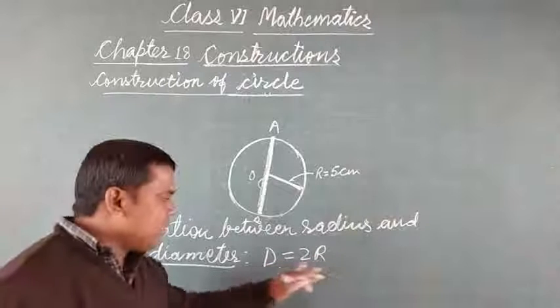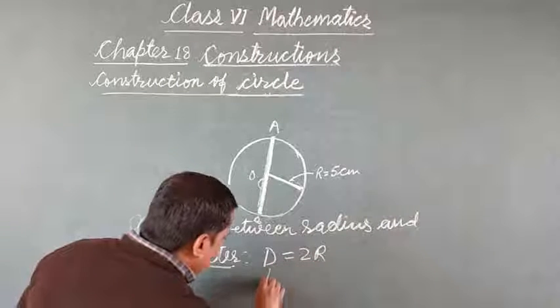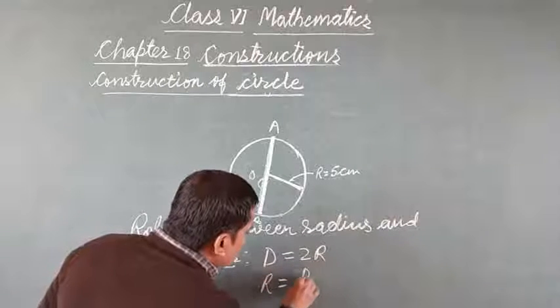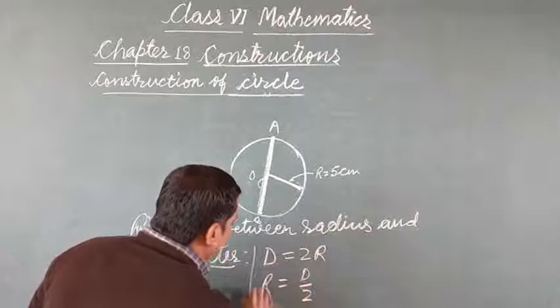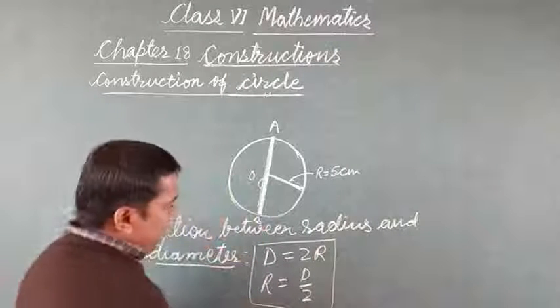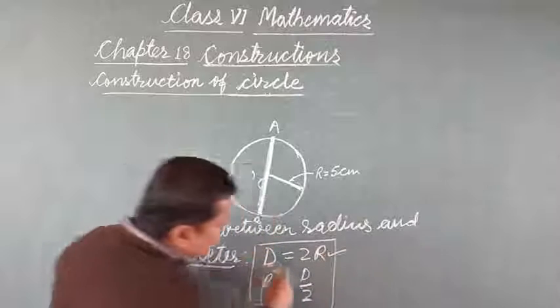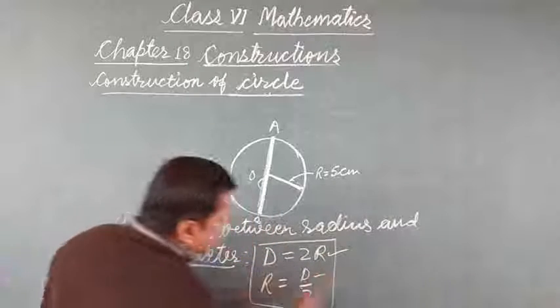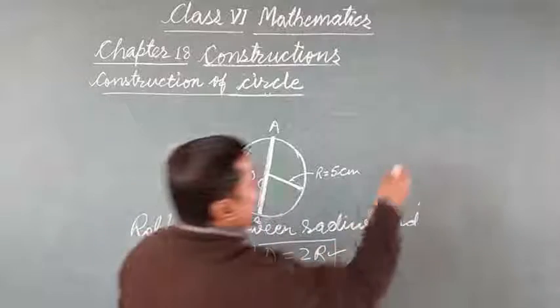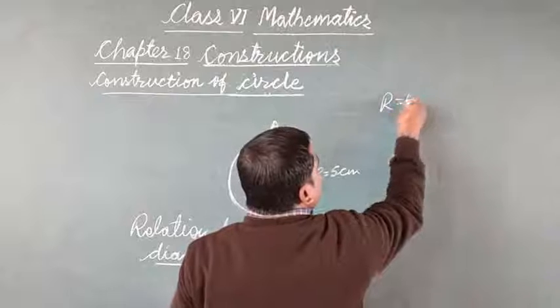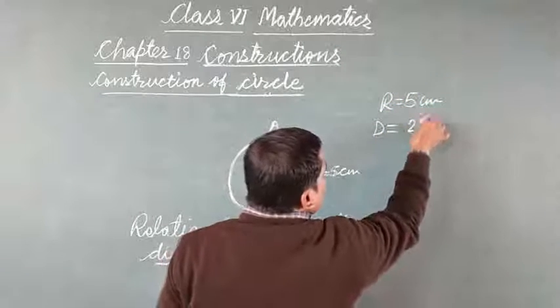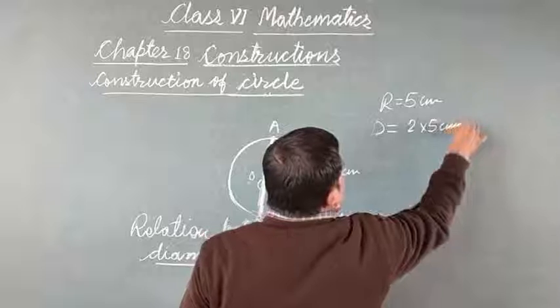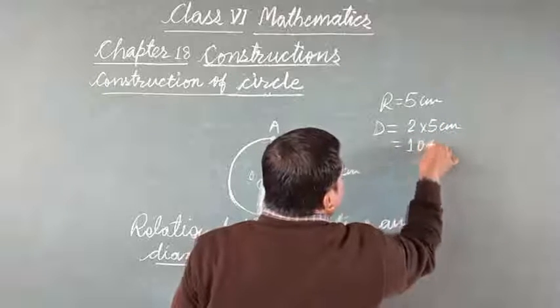If radius is given, you can calculate diameter. From here, radius is equal to diameter divided by 2. So these two relations you have to remember. When radius is given, you can calculate diameter. Diameter given, you can calculate radius. Look at the example. Suppose radius is given 5 centimeter, then diameter is equal to 2 into 5 centimeter, 10 centimeter.